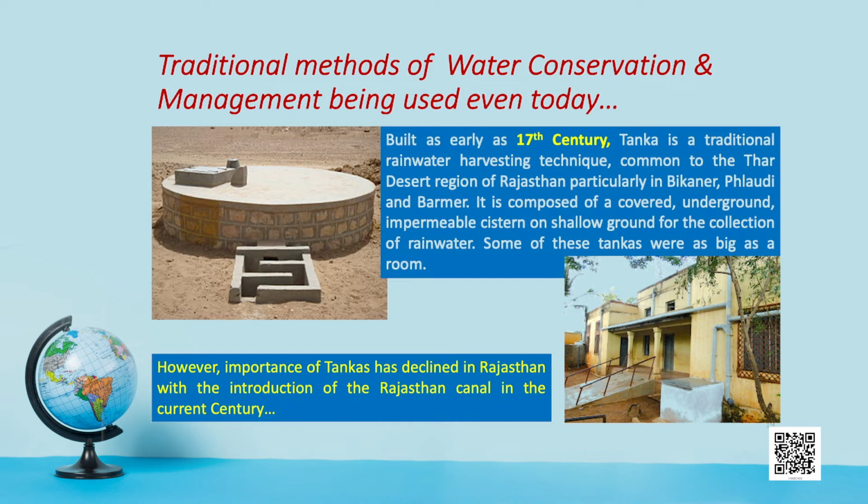Some of these tankas were as big as a room. At times, living rooms were built alongside the tankas to keep them naturally cold during the summers. However, the importance of tankas has declined in Rajasthan with the introduction of the Rajasthan Canal in the current century.